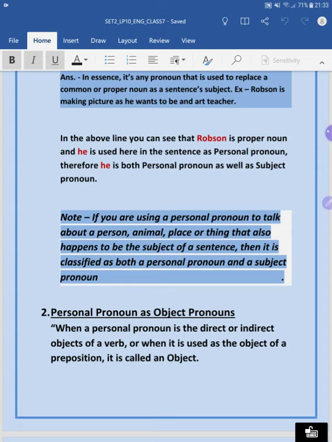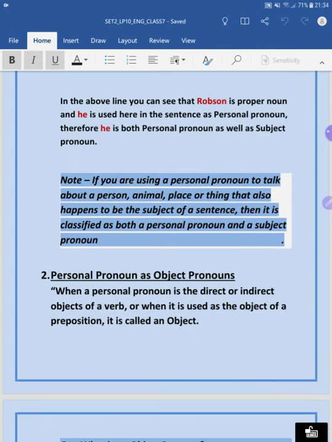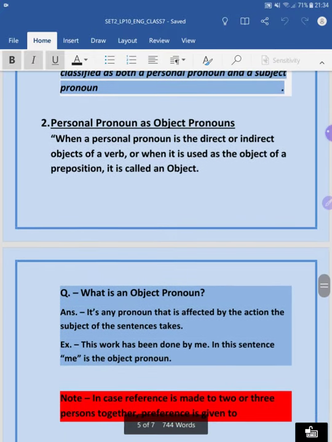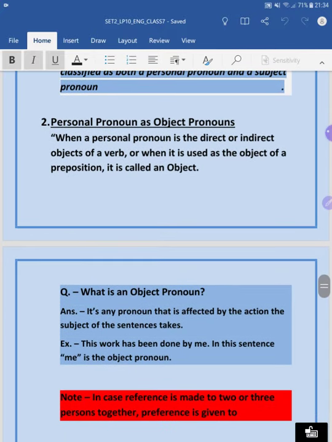When a personal pronoun is the direct or indirect object of a verb, or when it is used as the object of a preposition, it is called an object pronoun. Now what is an object pronoun? The question arises.